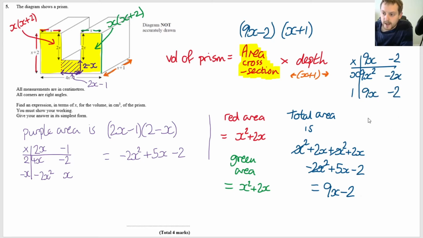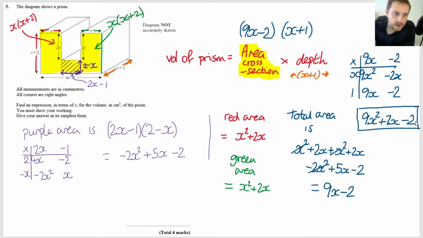So my final answer is 9x squared plus 7x minus 2. So yeah, clearly that's a really tricky question, but it only involves maths that you actually do know. It's just quite complicated.